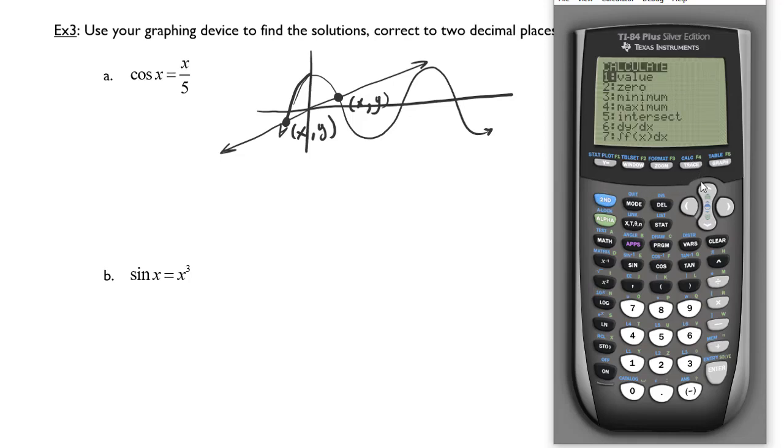Second, calc, intersect. And we're going to go through a process. It's asking me to identify the first curve, so I'll say yes, that's my first curve. Now it's hopped to the other one, and you say yep, that's my second curve. And now I need to guess an intersection.